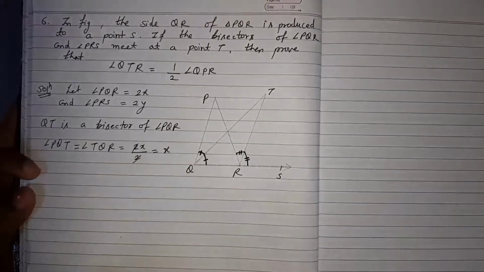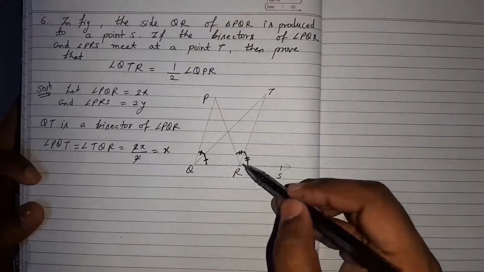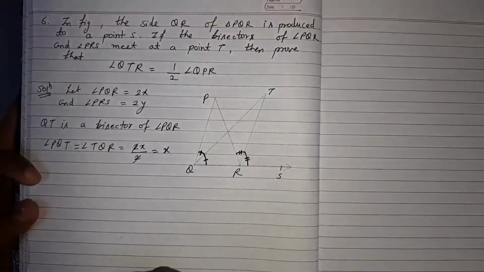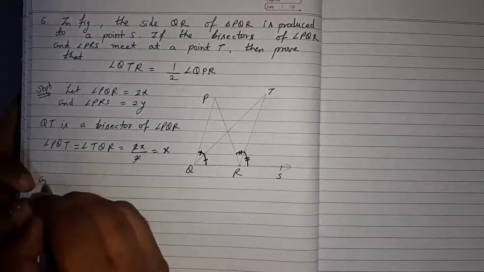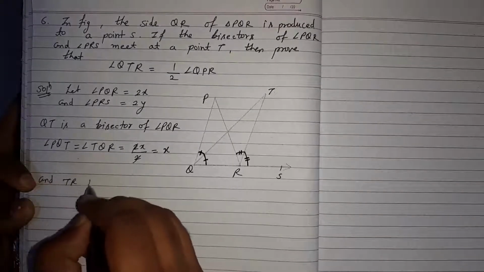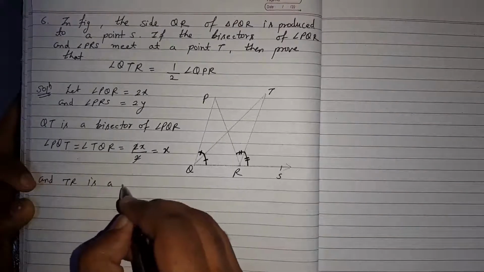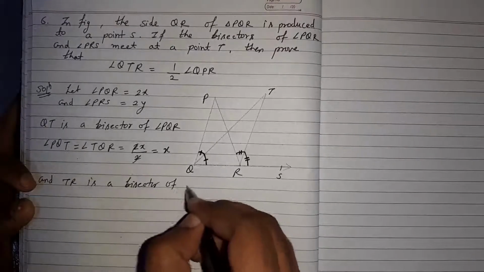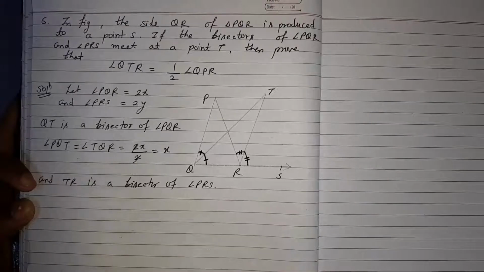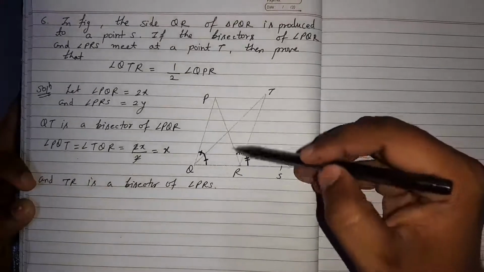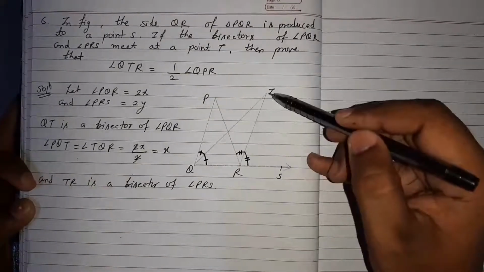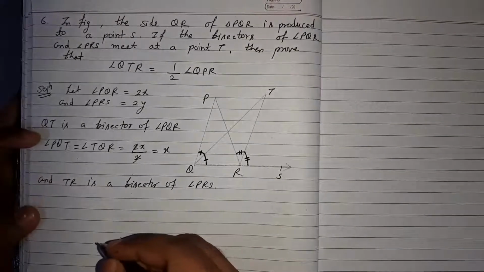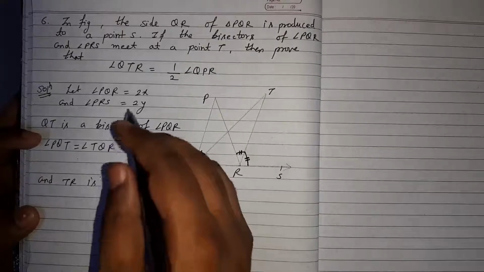Similarly, TR is the bisector of angle PRS, so angle PRT and angle TRS will be equal to each other, and the value of each angle will be 2y by 2.